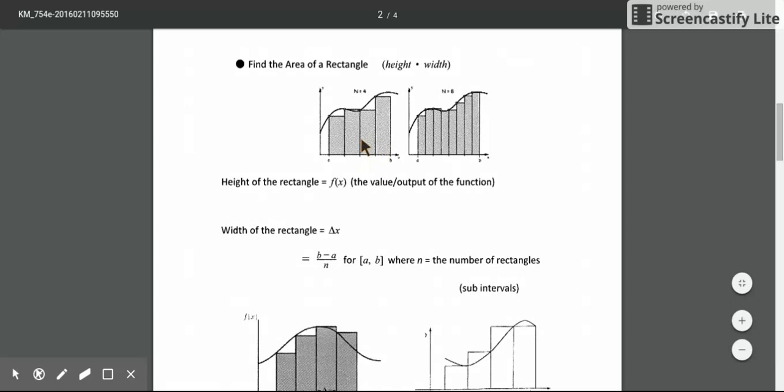So I can break it up into any number of rectangles, and the more rectangles I use, the better the approximation. So we'll be able to figure out what this change of x is, what the sub-interval or the width of one rectangle is, by using this formula. If I take this interval from a to b, and I just divide it by the number of rectangles, so I'm going to do b minus a divided by n, which is the number of rectangles, that's going to tell me how wide each rectangle is, or the length of the sub-interval.